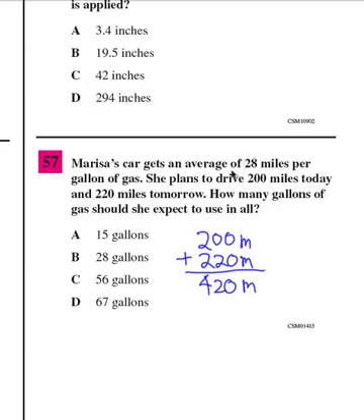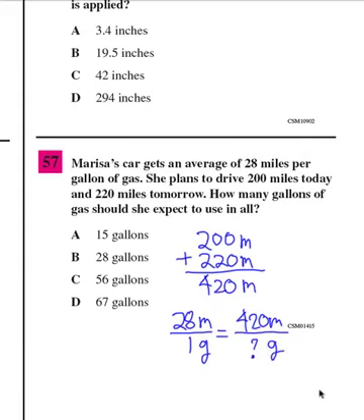And she gets 28 miles per gallon. So let's set it up as a proportion. 28 miles per 1 gallon is the same as 420 miles per how many gallons.